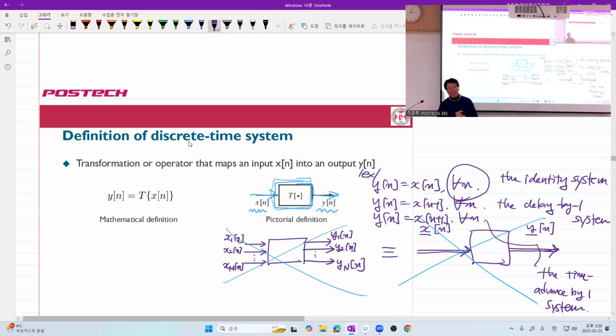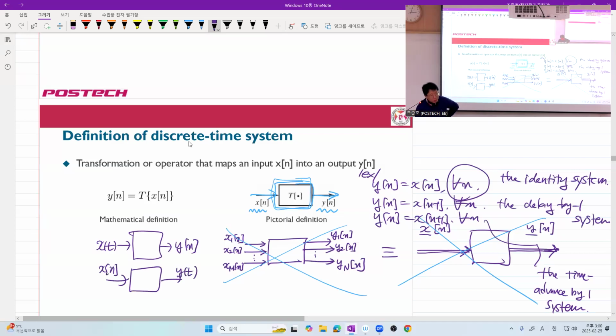Never do that, okay? But anyway, of course, there are some systems where you have continuous time input and discrete time output, and also discrete time input but continuous time output, and of course, continuous time input, continuous time output.